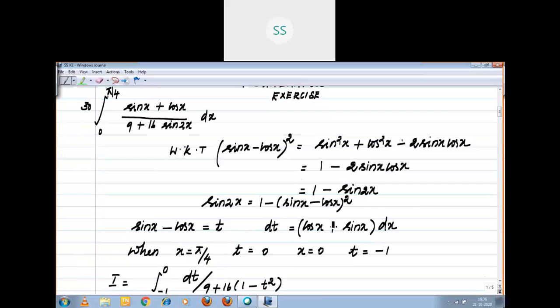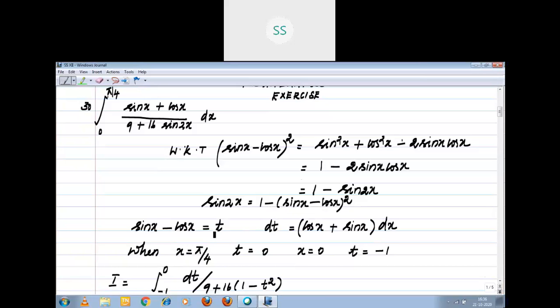Got it, children? Because sin 2x can be replaced by 1 minus (sin x minus cos x) the whole square, and sin x minus cos x we consider as t.